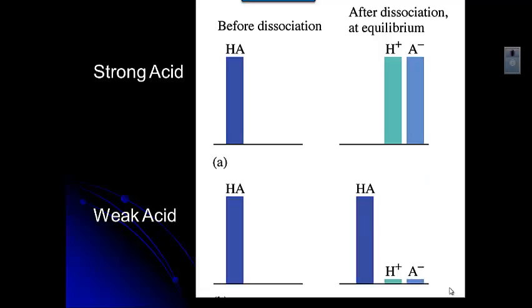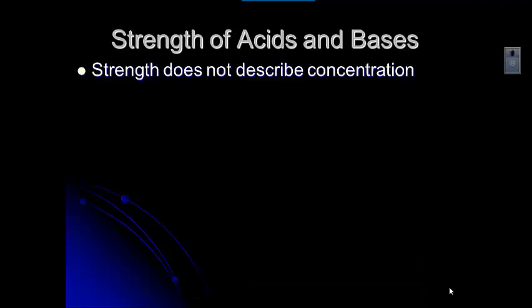With a weak acid, it starts off with the acid molecules, and then in water, some of those molecules, usually just a few, will dissociate and form those hydrogen ions and the acid ions. But only a little bit, enough to give it some conductivity, but not enough to make it a strong conductor of electricity in water.